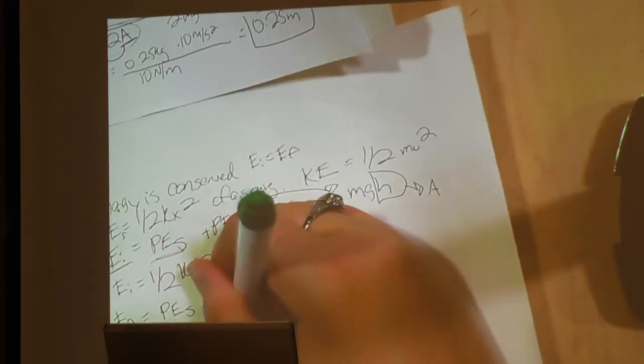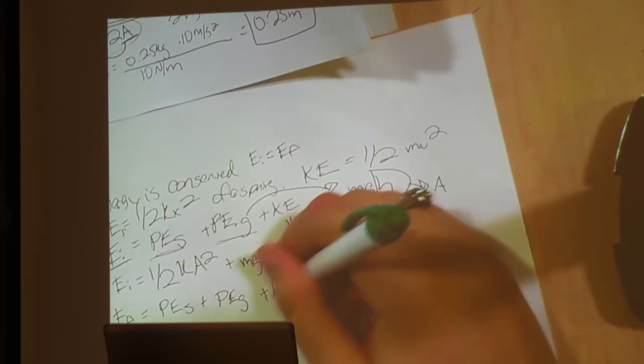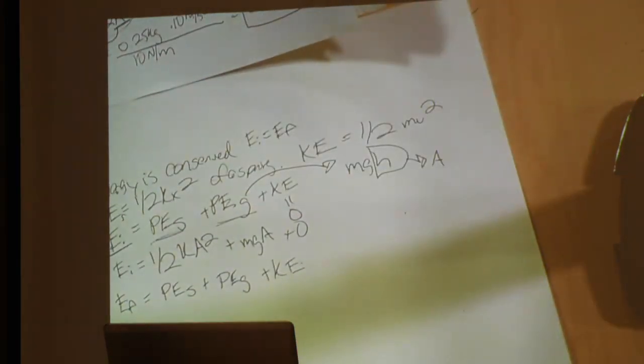At the end, remember energy is conserved, so EI will be equal to EF. EF is going to be equal to potential energy by the spring plus potential energy by gravity plus kinetic energy. Do we have potential energy in the spring when it is moving?